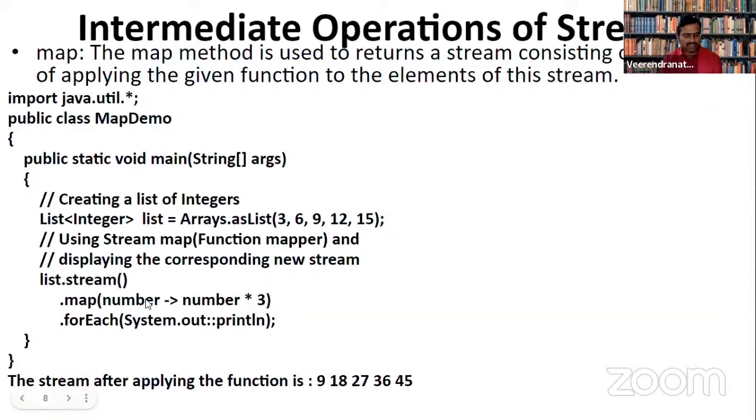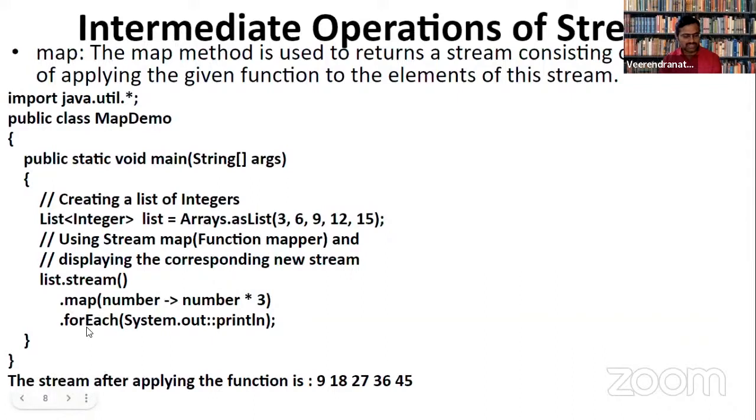Each and every number is mapped with the number into 3 functionality, so each and every number is getting multiplied, and then that is printed.